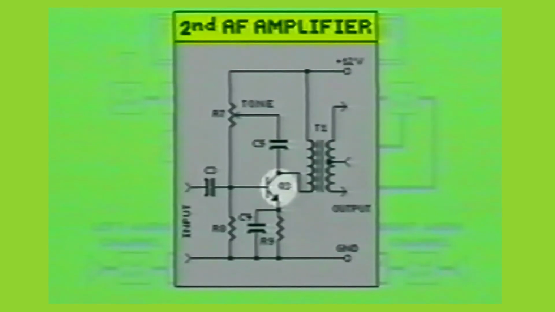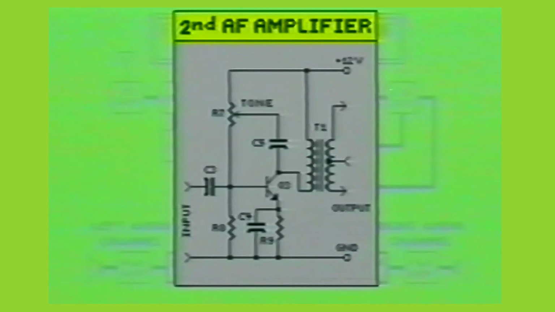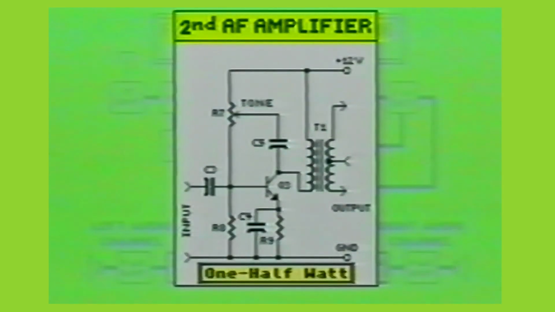The collector of Q3 not only supplies the current to T1's primary coil, but also supplies current to resistor R7 and capacitor C5, which form the tone control circuit of their respective audio channels. The power output of these second audio stages is at least 1/2 watt and is inductively coupled through audio transformer T1 to the power amplifier stage.